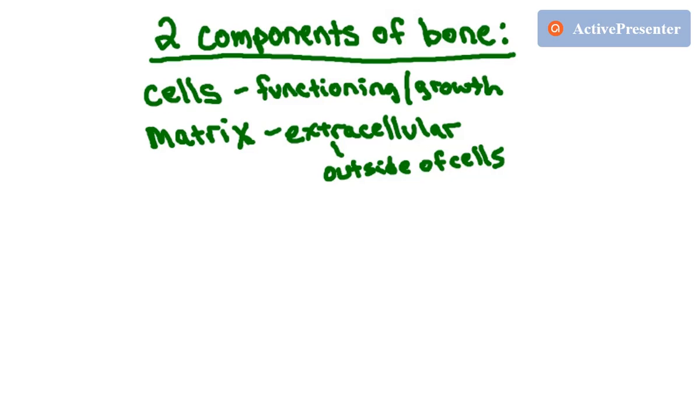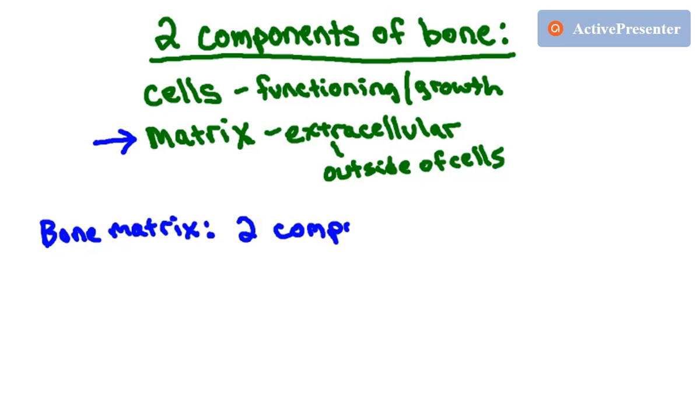So first, just because it's much shorter and much easier, we're going to take a look at the bone matrix for a minute. The bone matrix, as I said, is extracellular, and there are two components to the bone matrix. Seems like there's two components to everything in here. There's two components of connective tissue involved with the skeleton: the skeletal cartilage and the bone tissue.